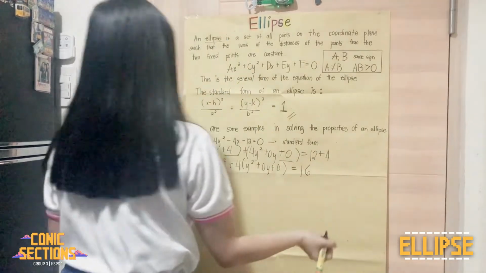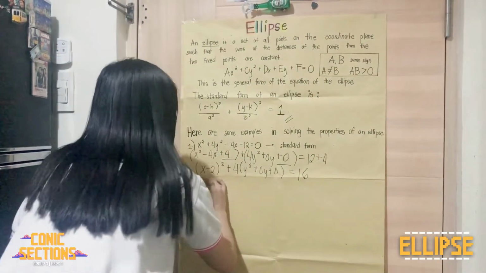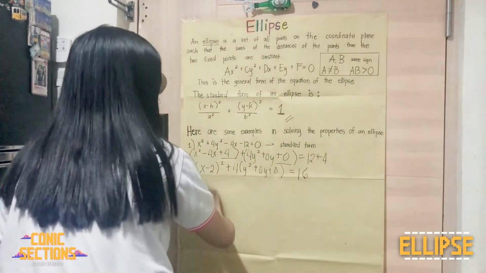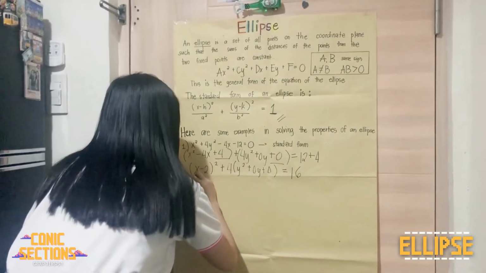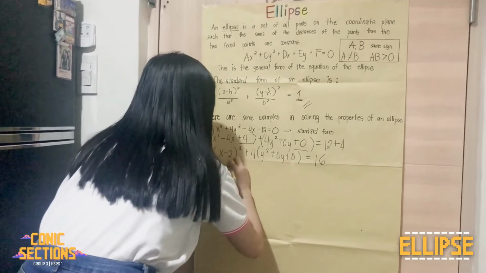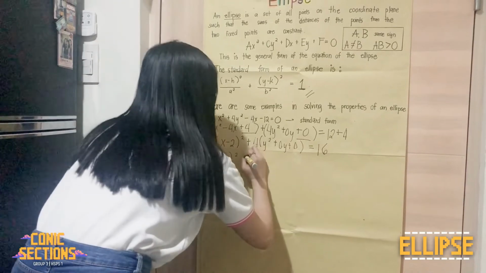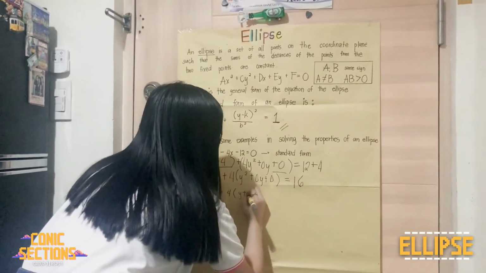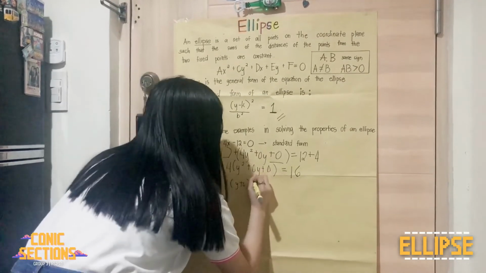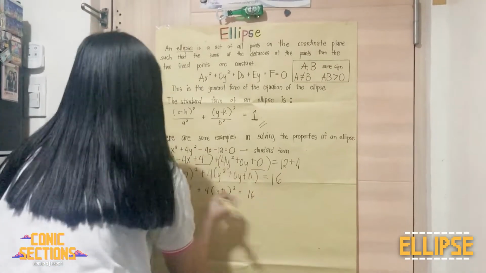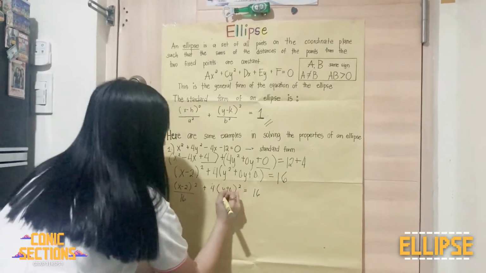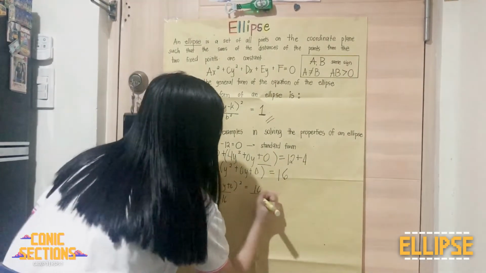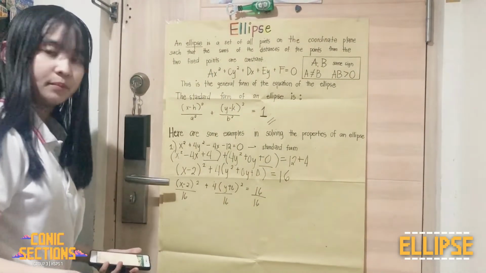After that, we have to divide it all by 16. So we have (x minus 2) squared plus 4(y plus 0) squared equals 16 over 16, to make it into the standard form.